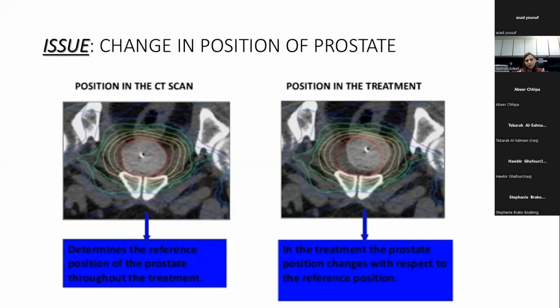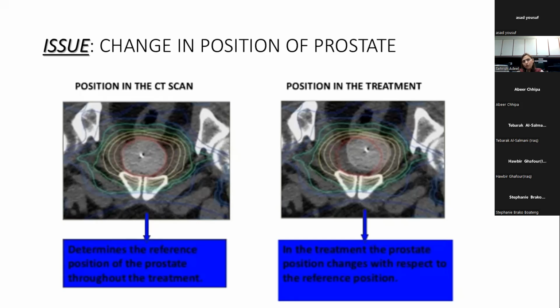It depends upon the difference in the rectum filling. If there is excess air or stool in the rectum, that distended rectum would push the prostate, the target area, in the anterior posterior direction.